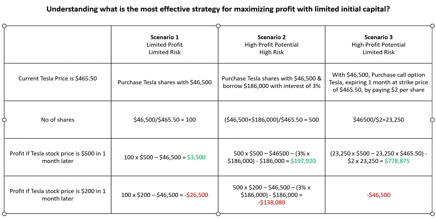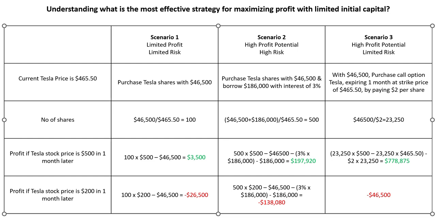The profit in 1 month later, if Tesla stock price is $500, is $197,920. This is calculated by 500 shares times $500, which is the stock price 1 month later, minus the initial cash on hand, $46,500, minus the interest incurred, 3% of 186,000, and minus the amount borrowed, 186,000.